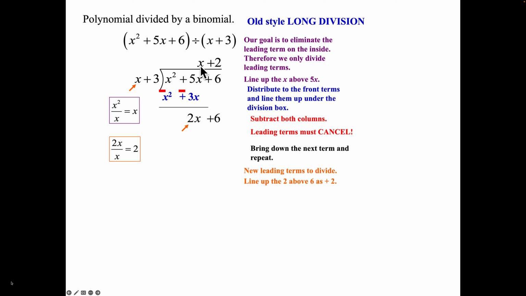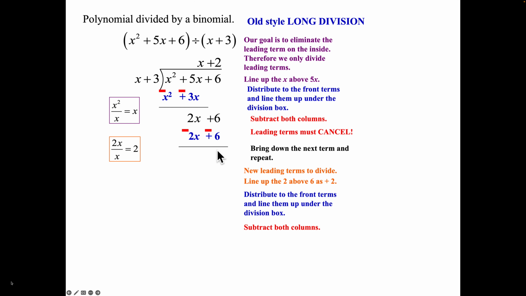And just like you did with the x, multiplied and distributed to the front, we do the same thing with the 2. 2 times x is 2x. 2 times 3 is 6. Subtract both columns, you get a 0 and a 0. No remainder. So in this polynomial long division, these first terms must always cancel.